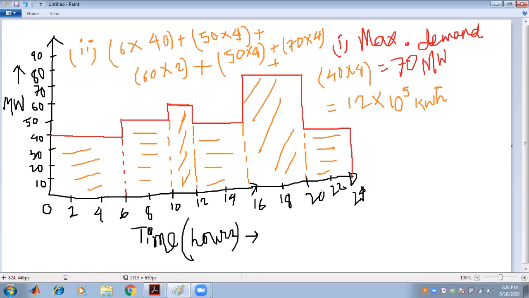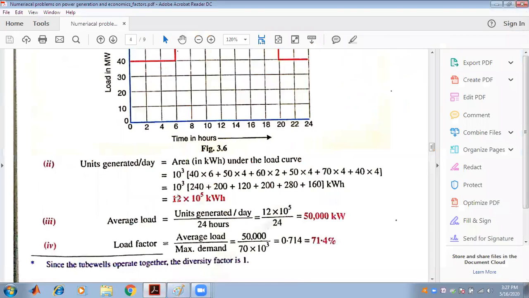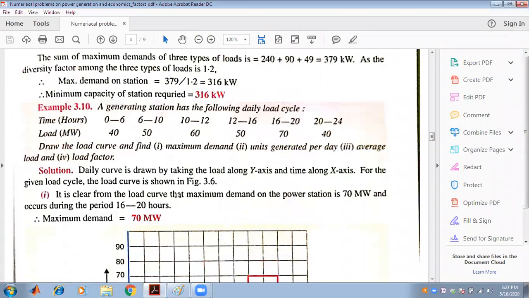This is our second portion. So what is our third portion? The third portion is given as the average load.